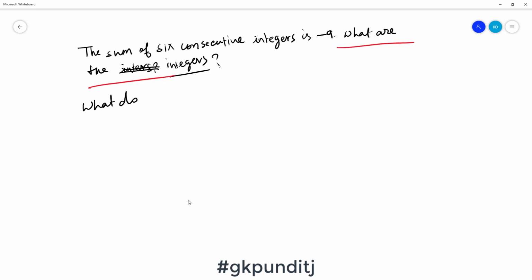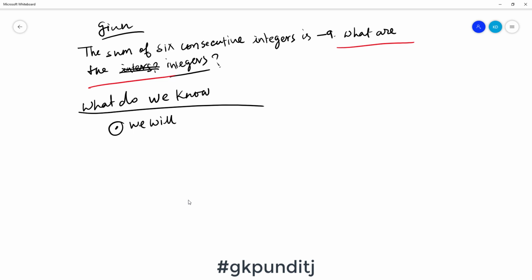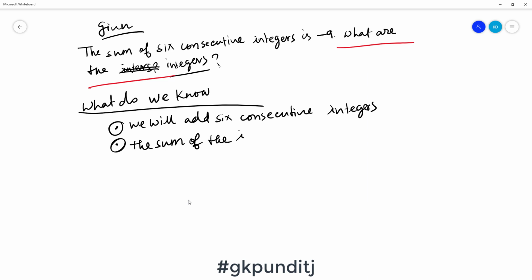What do we know, or what is given here? We will add 6 consecutive integers. The second thing is the sum of the integers is minus 9.